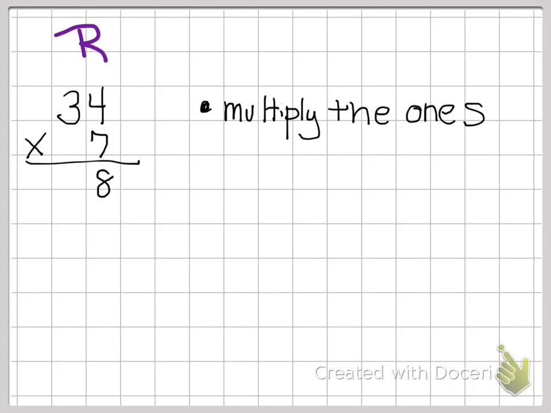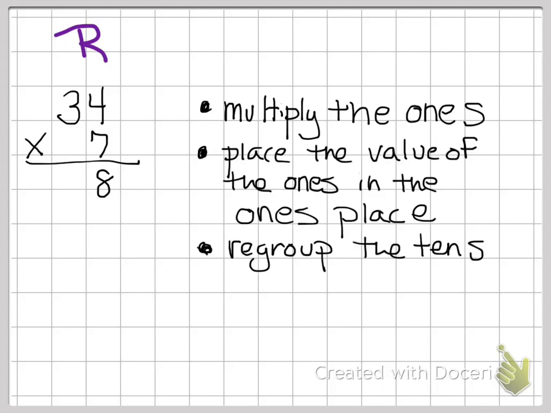So we'll say we multiply the ones. 7 times 4 is 28. I'm placing the ones value in the ones place. After I do that, I'm going to regroup the tens.